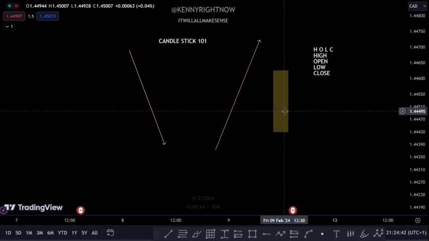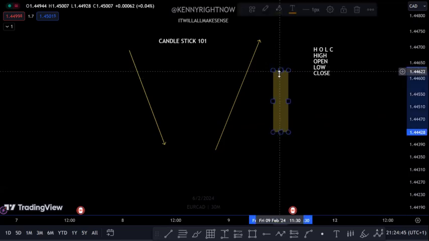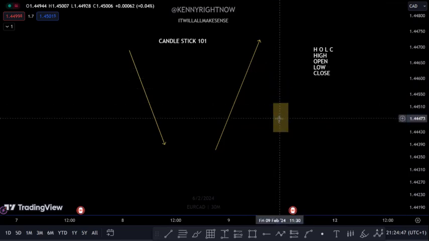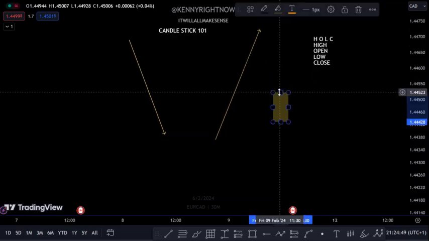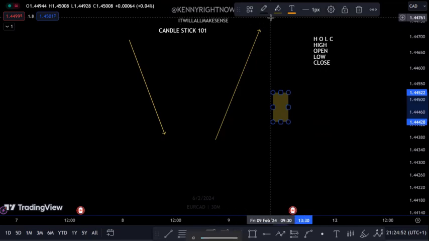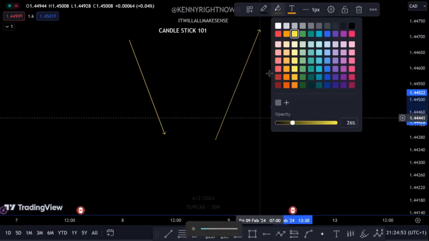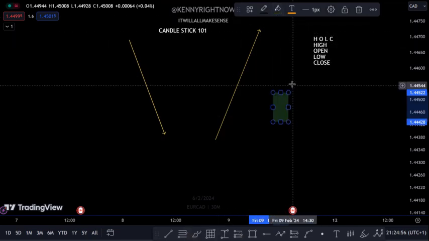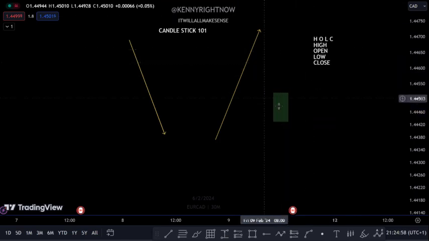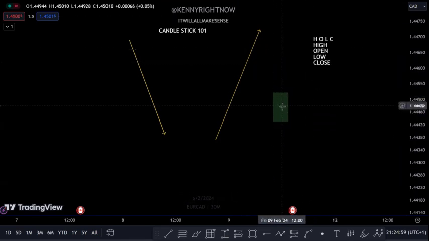And we're going to find out what in the candles. So let's take, for example, that this is a bullish candle. For context, I'm going to highlight this guy green.